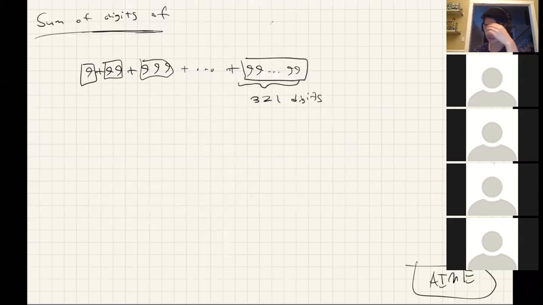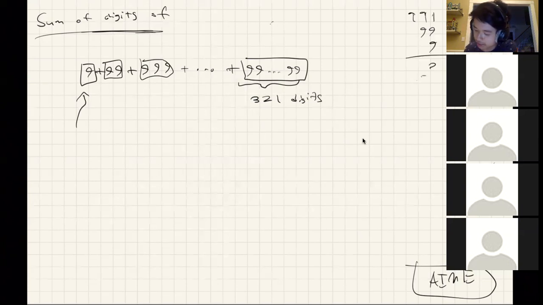So the key is to find a better way to express these terms, because the strings of nines are a little bit weird to deal with. You're not going to be adding them together directly.